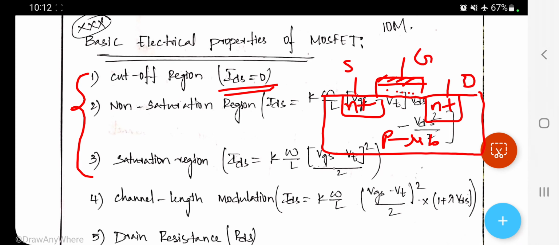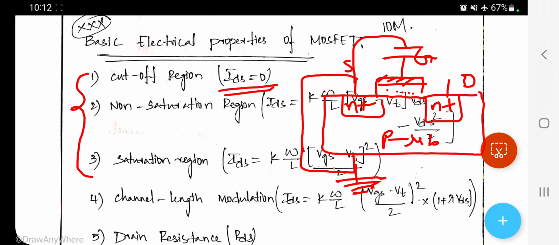Now this source is generally connected to the fourth terminal, the P substrate, and it is at ground potential, 0 voltage. The gate is connected to the positive voltage, the negative terminal is connected to ground.